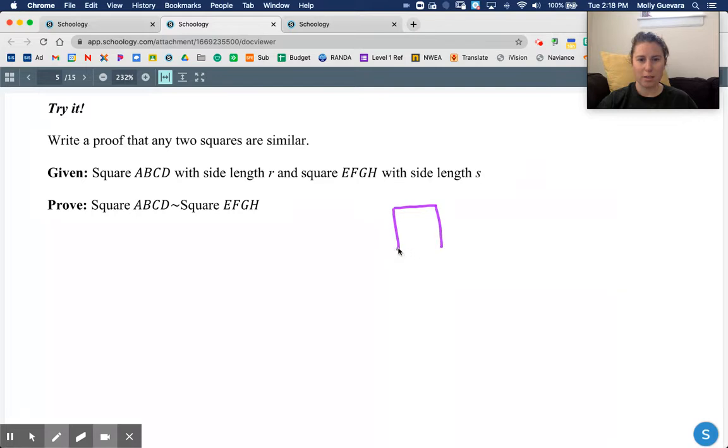If I have a square A, B, C, D, right, with side length R, and then I have another square that is E, F, G, H with side length S. Okay, prove that these two squares are similar. So we want to prove that they are the same shape but different size. So go ahead and hit pause, use the exact same concept that we did on the previous problem and see if you can get this one.